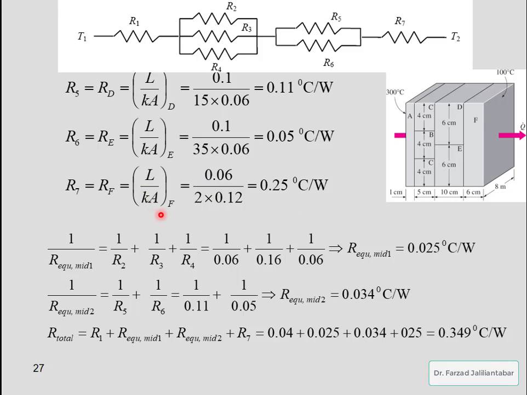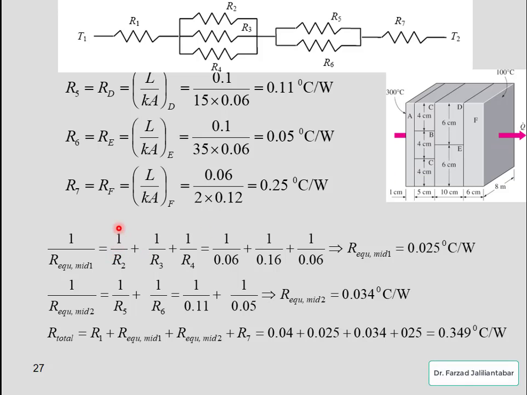K or thermal conductivity of material F also is 2, and the surface area of heat transfer is the whole representative surface area, which was 0.12 meter squared. Finally, after calculation, we will have the thermal resistance for material F.